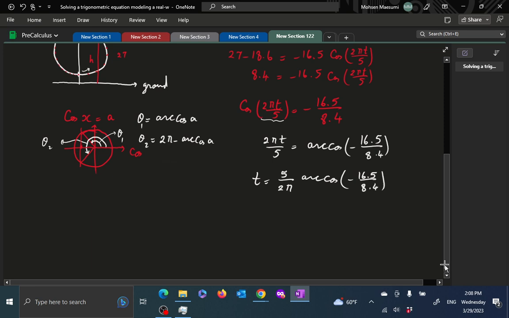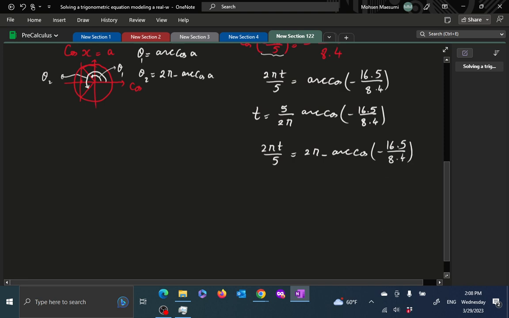How about the other answer? So the other possibility is 2 pi t over 5 is equal to 2 pi minus arc cosine of minus 16.5 over 8.4.